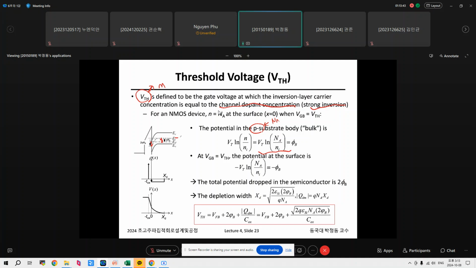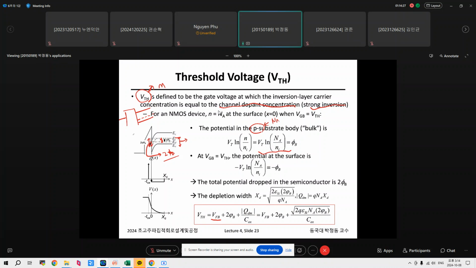So the total potential at the surface becomes 2 phi p. Okay, right. So in order for us to provide a channel, we also have to provide this amount of potential at the surface. So this is a flat-band voltage which makes this phi p.